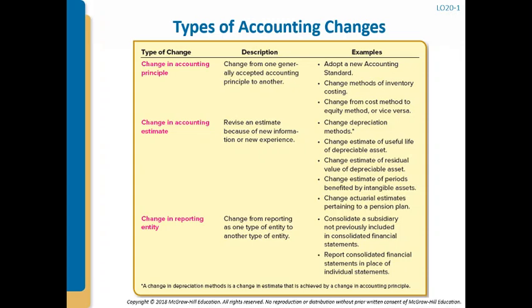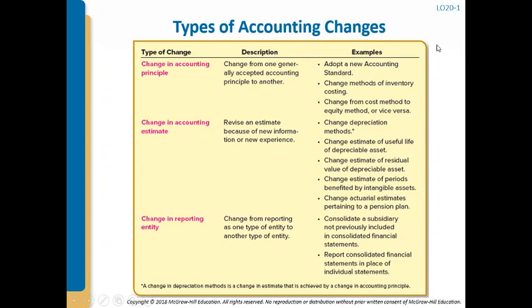This could happen for several reasons. It may be the choice of the company, or it could be not their choice. It could be because FASB has directed certain companies or certain industries or the whole accounting world to change to a new accounting standard.